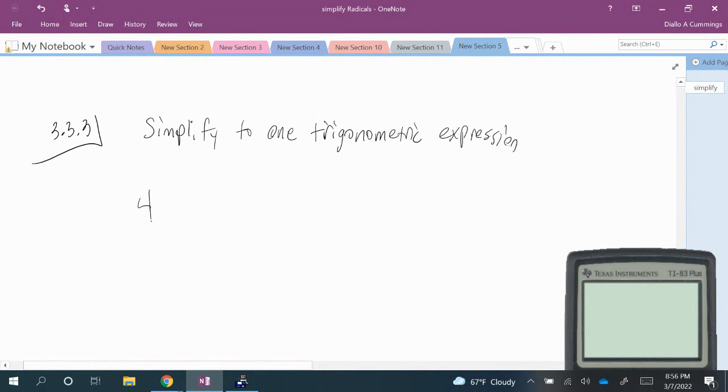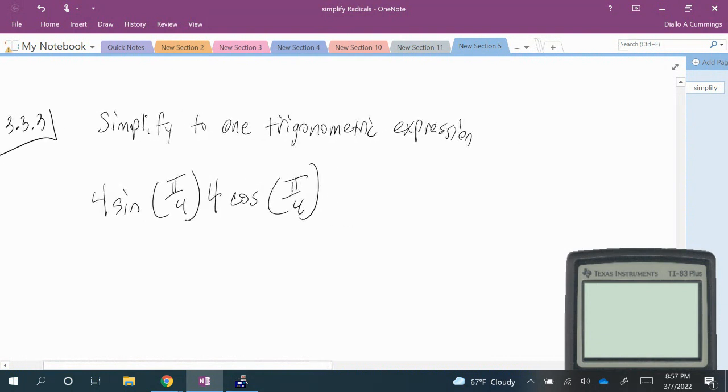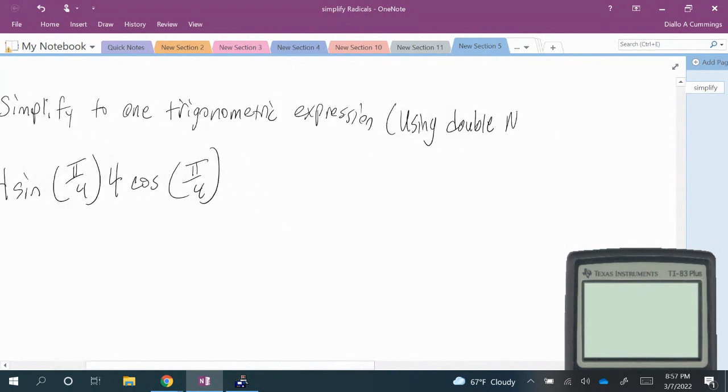And this is 4 times the sine of pi over 4 times 4 times the cosine of pi over 4, using the double number identities.